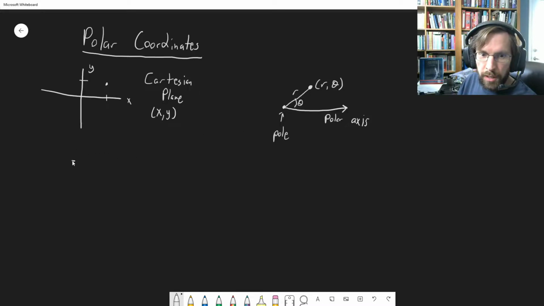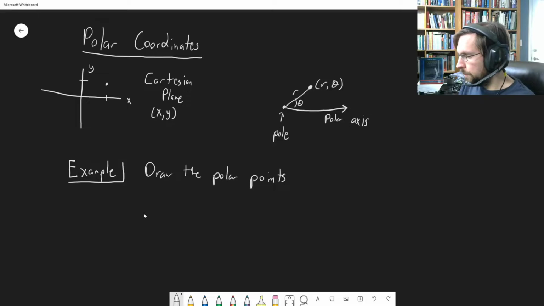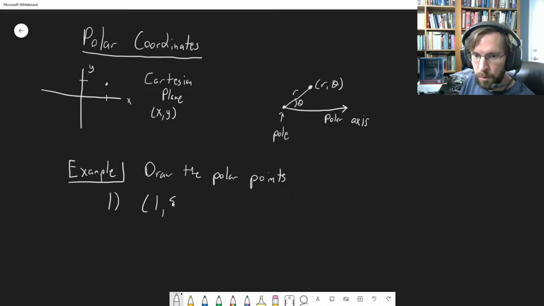Okay, so let's look at an example of a couple polar points. Let's draw the polar points. We're going to draw the point 1, 5 pi over 4.